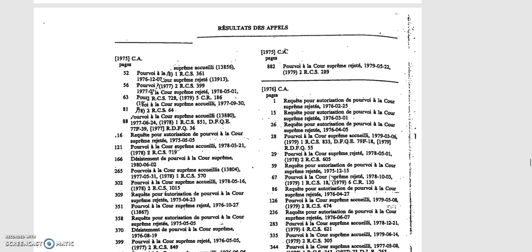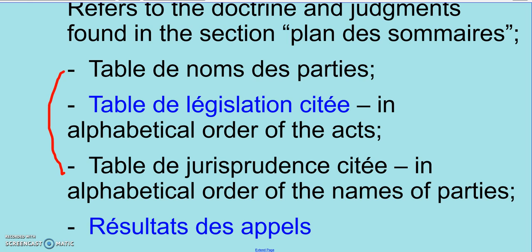It means that the case that was heard by the Court of Appeal, you know that the decision that you have in your hand is the most updated because it never went to the Supreme Court of Canada. Okay? So results in appeal, résultat des appels. What I would do if you have, for instance, a case of 1992, well, it doesn't matter. You can take a book of 2012 or 2010 and then go in results and appeal with your reference.